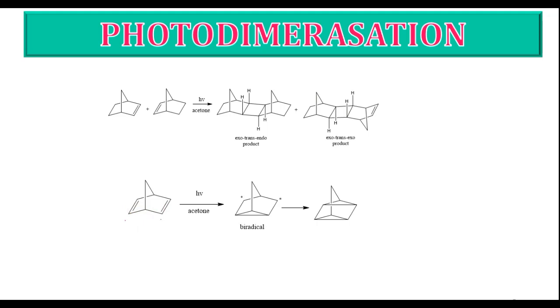The formed radicals make a bond and we get this bond, and the remaining radicals are formed here. These radicals we are going to call a diradical intermediate. Now these diradicals make a bond, and we get this product. Okay, next.